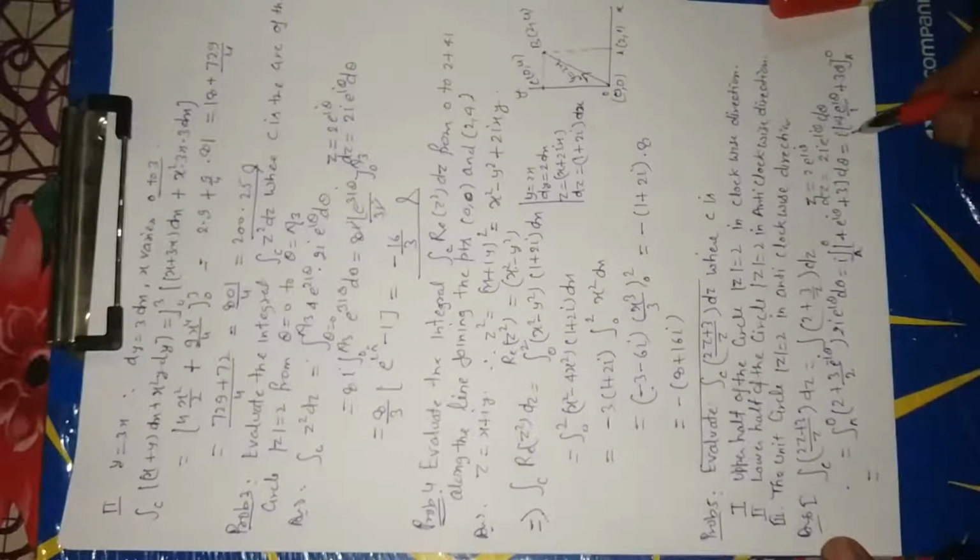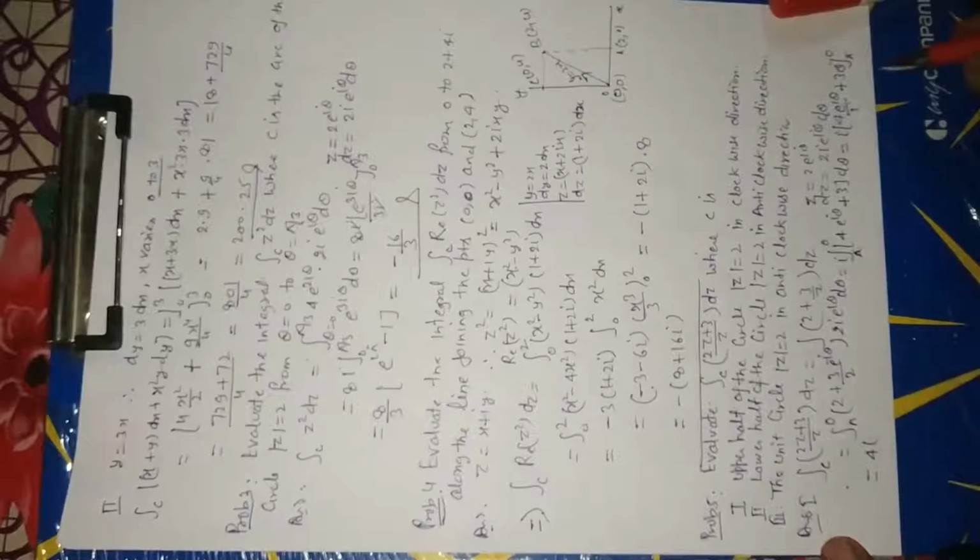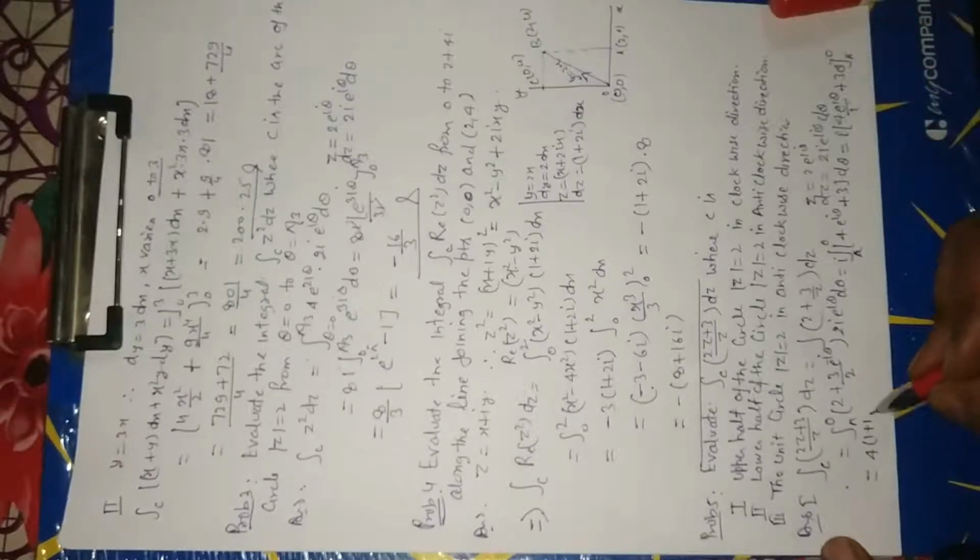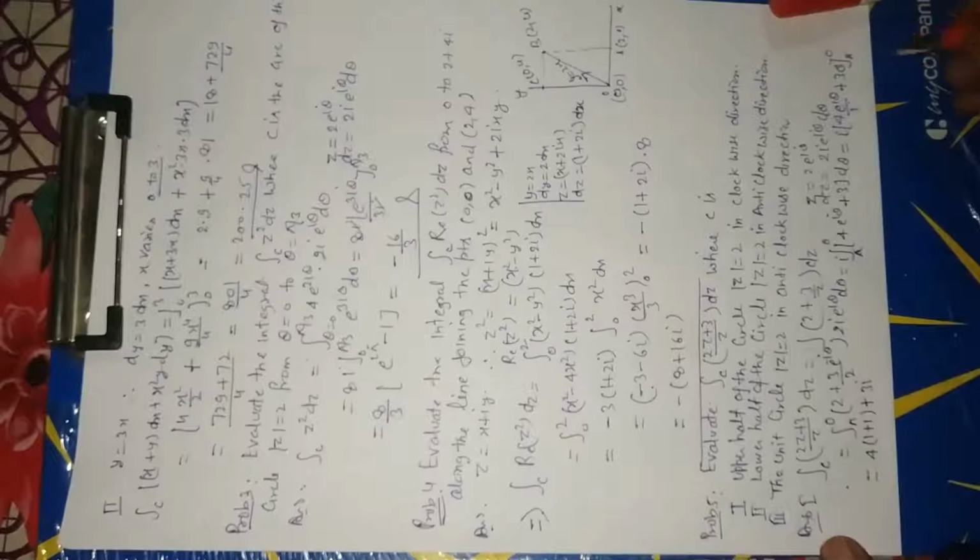Therefore i cancels by this. This is equal to 4 times (e to the power 0, that is 1, minus e to the power i pi, which is cos pi, equal to minus 1), plus 3i times (0 minus pi).